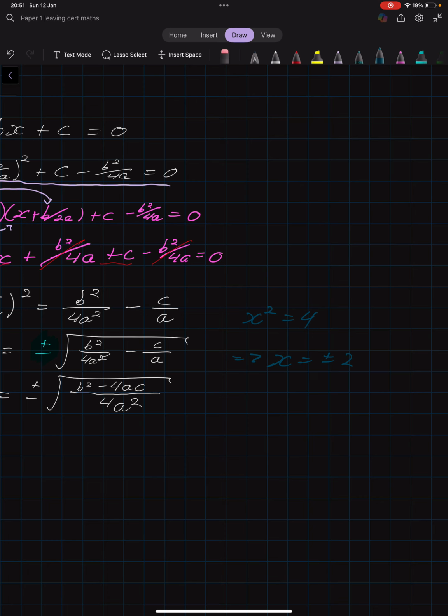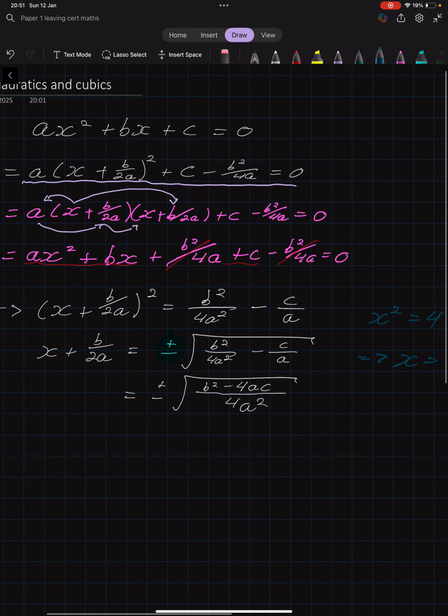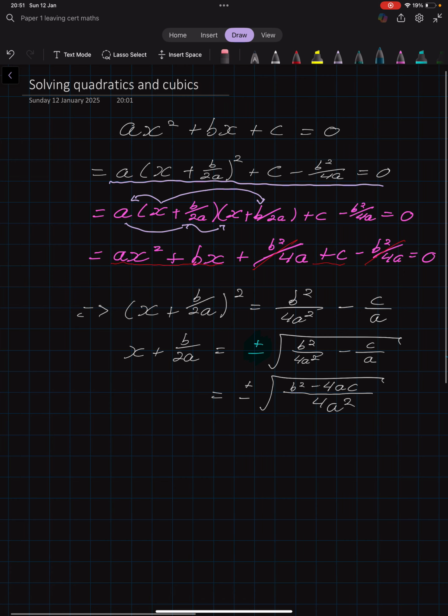So that's why here there's a plus and minus. So this is equal to plus or minus the square root of b squared minus 4ac all divided by 2a. The square root of 4a squared is 2a, and that's just down the bottom.